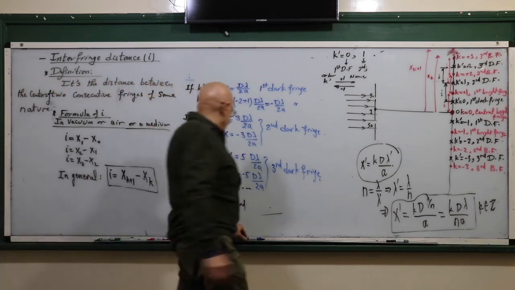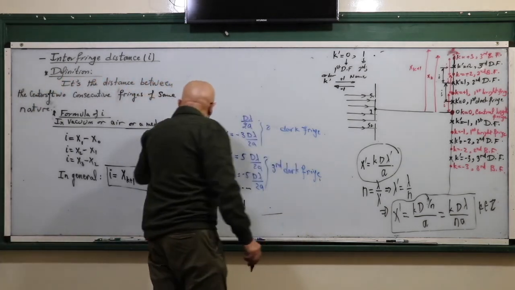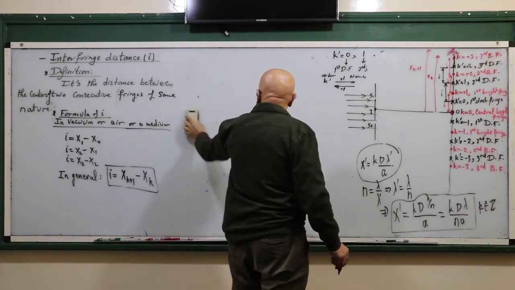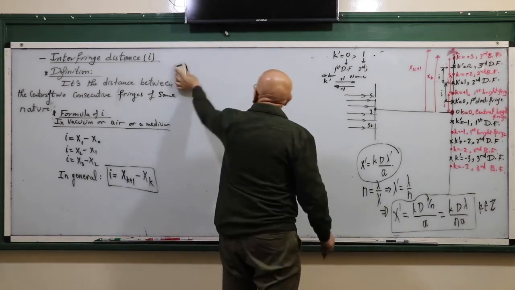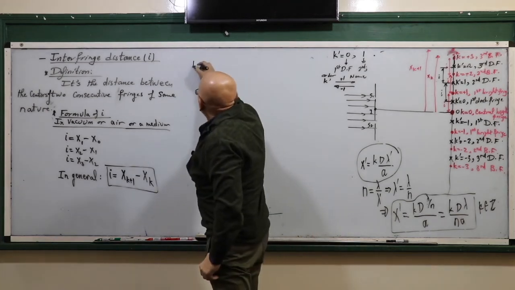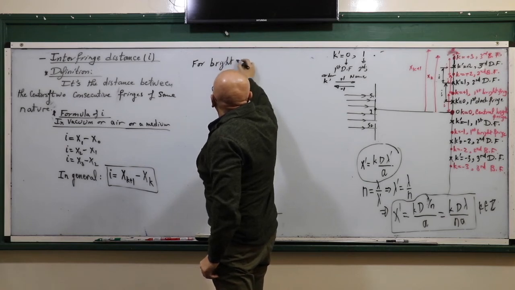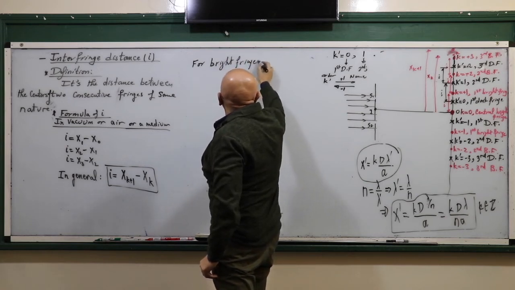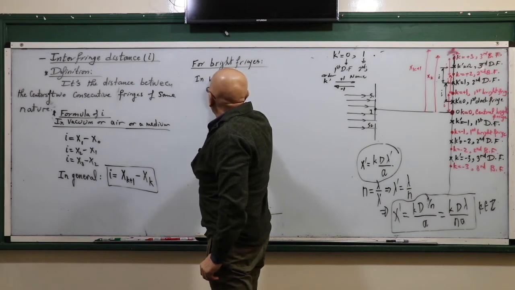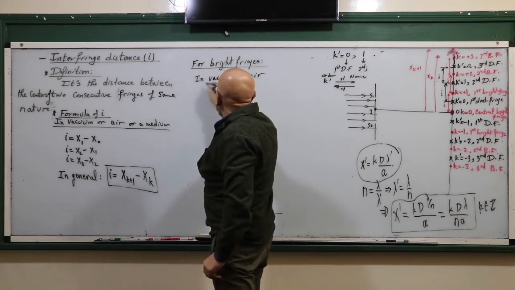Right, now let's find this formula of I for bright fringes in vacuum or air.